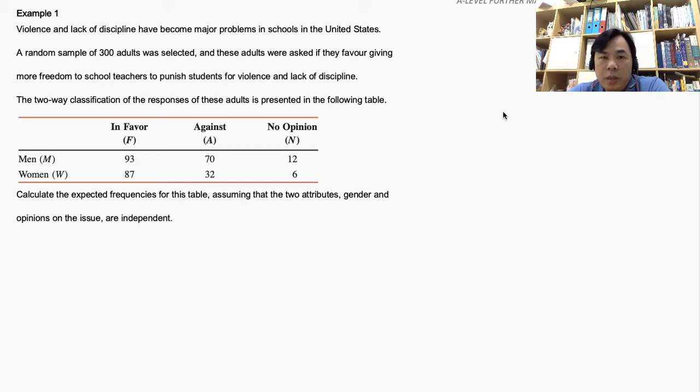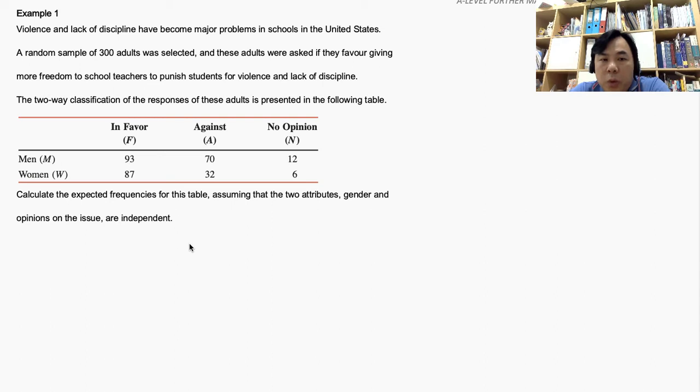Now, the two-way classification table, or the contingency table, captures this survey. So the result is as shown here. In favor is F, against, and then those that have no opinion. Now we need to calculate the expected frequency for this table first, assuming that the two attributes, gender and opinions on the issue, are independent.